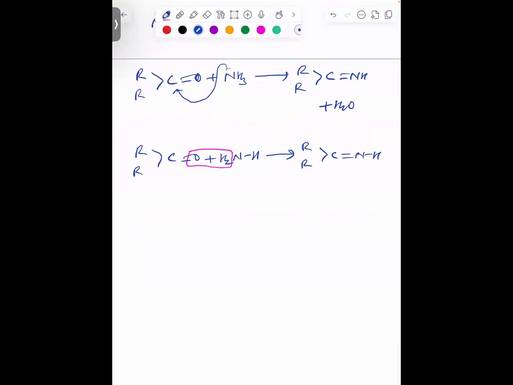So at the place of this H, if you are taking any atom or group, let's say Z, if it is electron releasing, then what will happen?